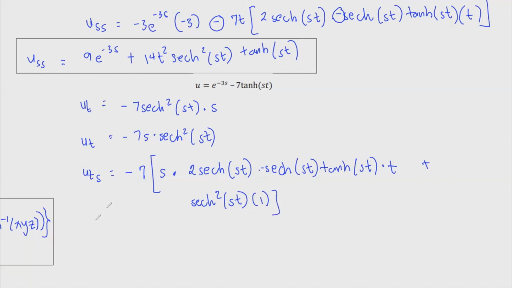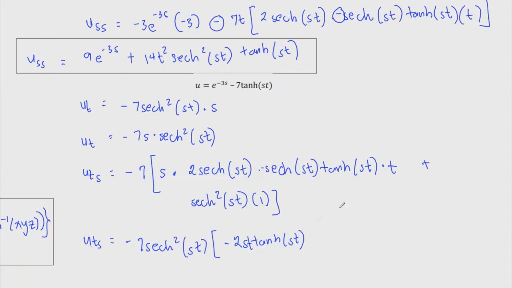Okay. So with this, our final answer, u sub ts, is equal to, now I think we can factor out sech squared in this expression. So that's negative 7 sech squared st. So we're left now with negative 2s tanh of st. Oh, we also have t here, so that's 2st, I think.